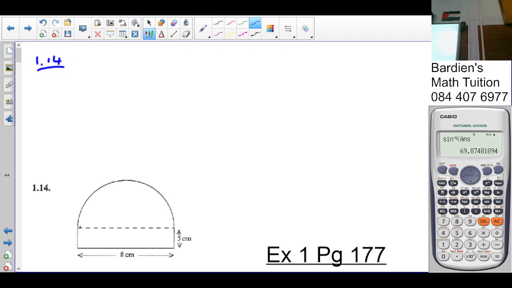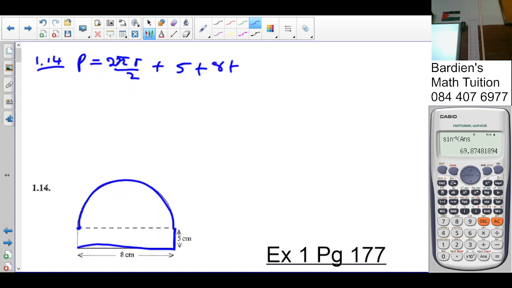if I start here, the perimeter is going to be that arc here, not so. How do I calculate the circumference of a circle? 2 pi r. Not so? And since it's semi, I must divide it by 2, plus this length here of 5, plus this length of 8, plus that length of 5.